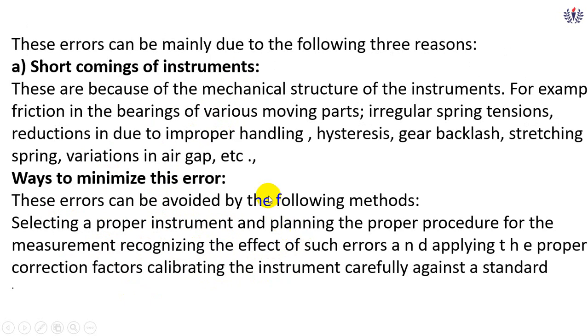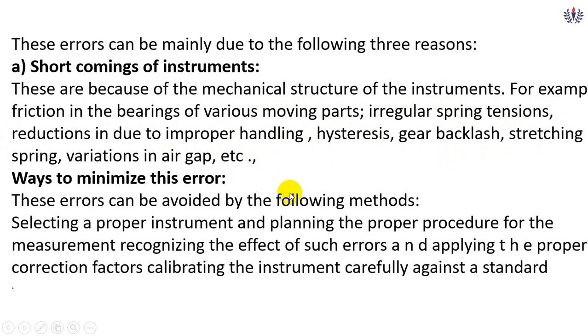So the shortcomings of the instruments. There are three reasons. First one is because of the mechanical structure of the instrument. For example, friction in the bearing, irregular spring tension, improper handling, hysteresis, gear train, spring. These mechanical wear and tear come under this.